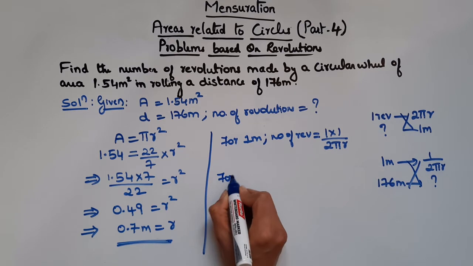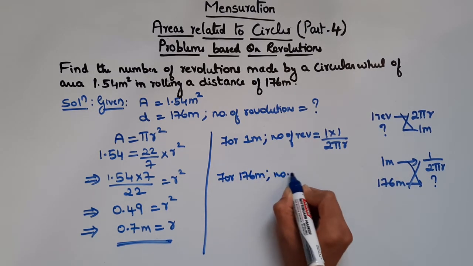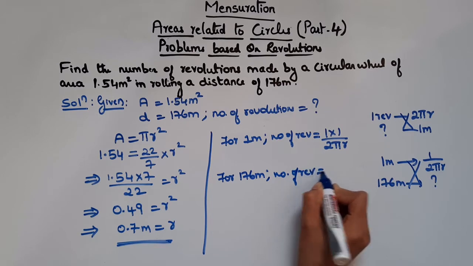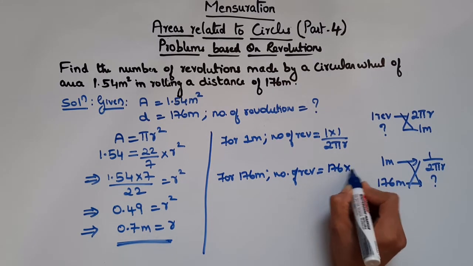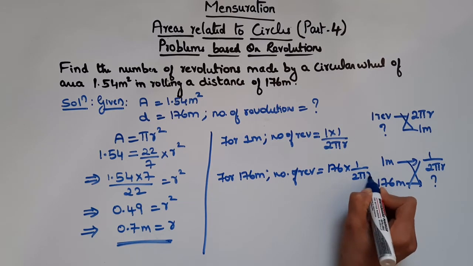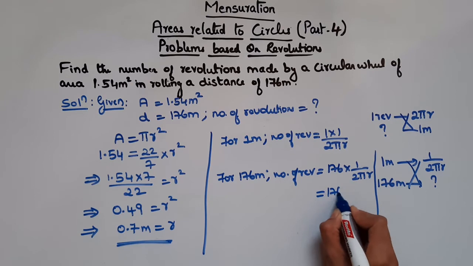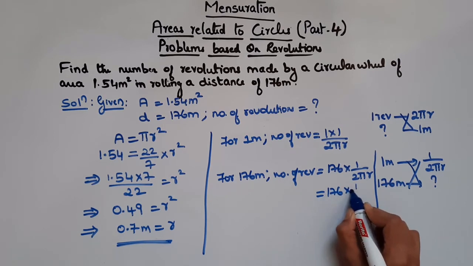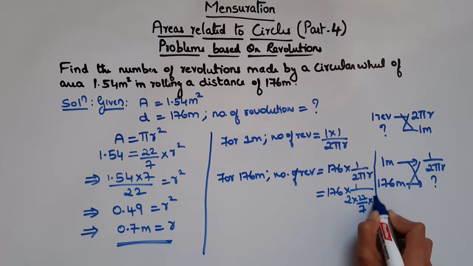So for 176 meter, what is the number of revolutions? For 176 meter, number of revolution is 176 into 1 by 2 pi r, which is equal to 176 into 1 by 2 into 22 by 7 into r.